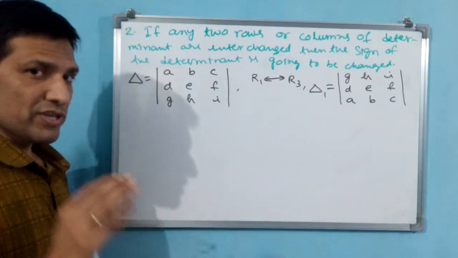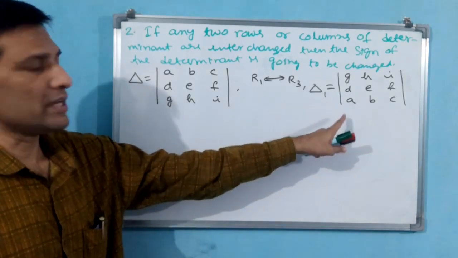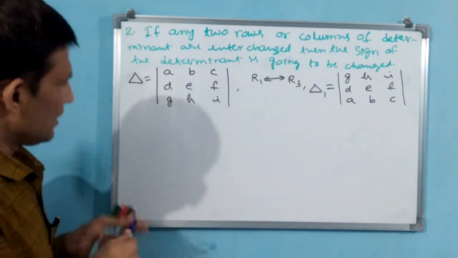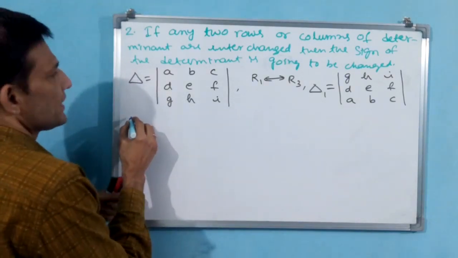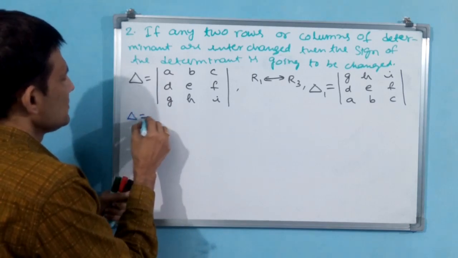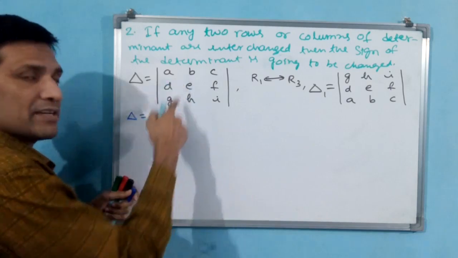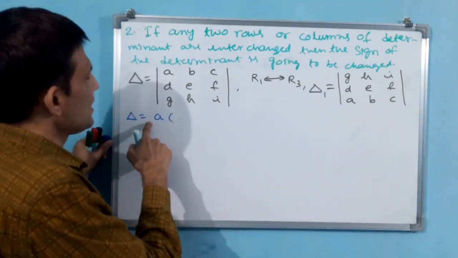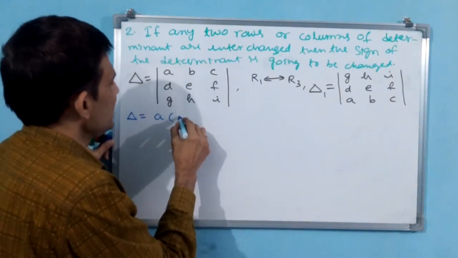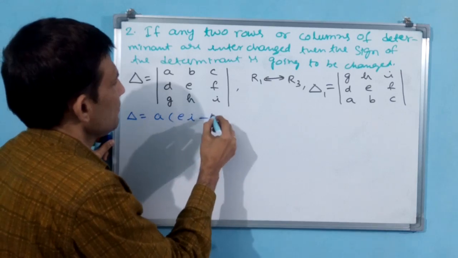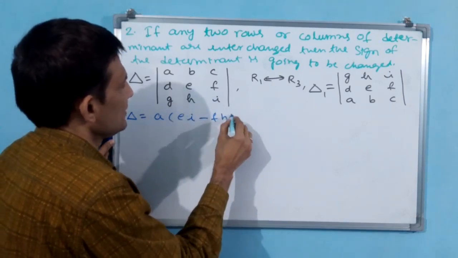Okay. Let us find delta and delta 1. Both should come the same, but the negative symbol has to come here. Negative. Okay. Let us find. Delta is equal to A into, why? Because plus A I am not writing; if minus is there, then we will write. Starting one plus A, EI minus FH.